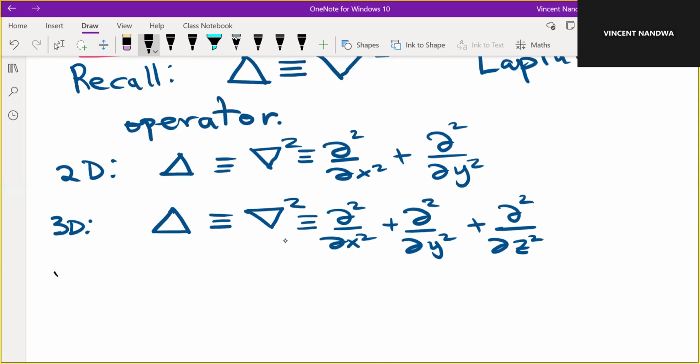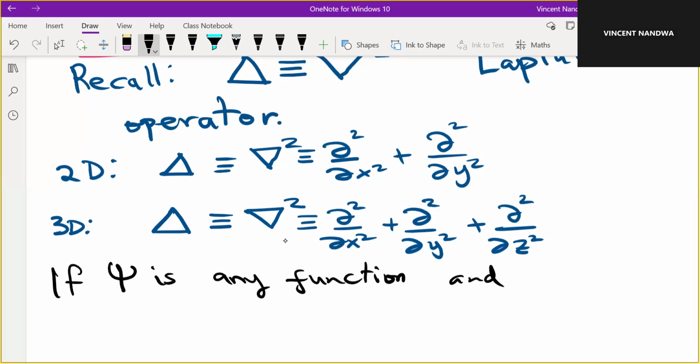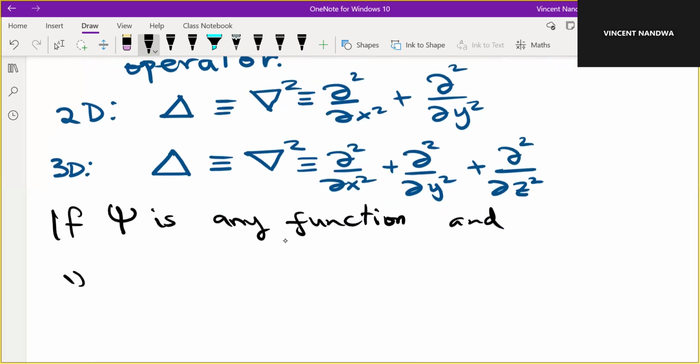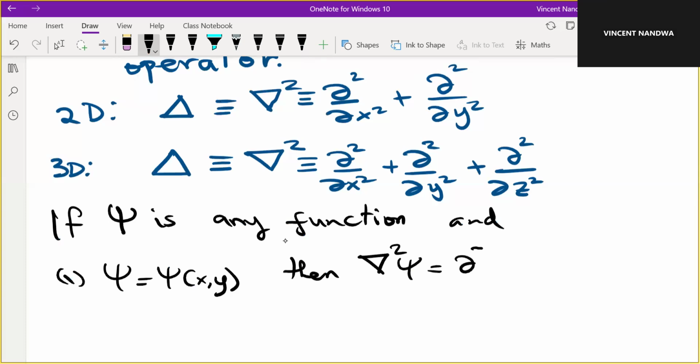So if phi is a function, case one, if phi is a function of x and y, then we write partial squared phi partial x squared plus partial squared phi partial y squared.